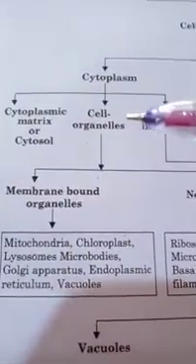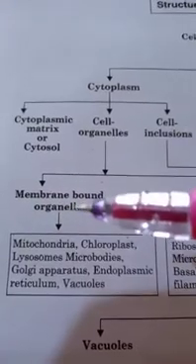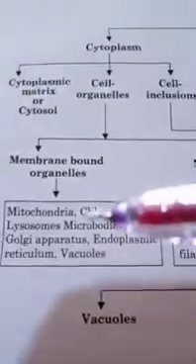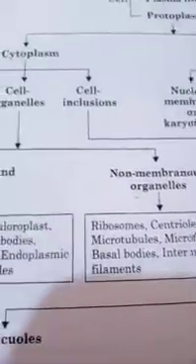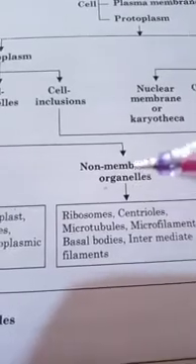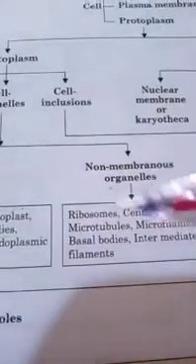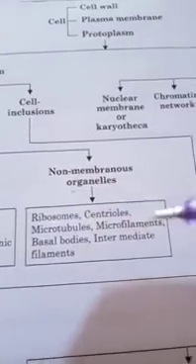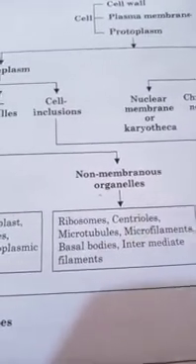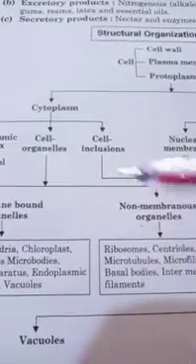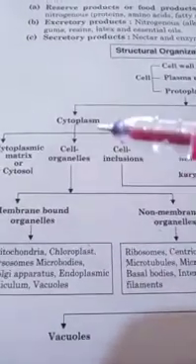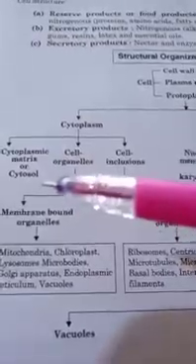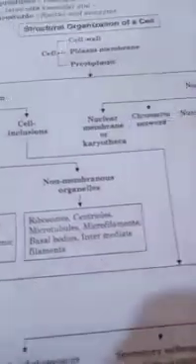That cell organelle may be further discussed under two subheads: membrane bound organelles like mitochondria, chloroplast, lysosome, microbodies, Golgi apparatus, endoplasmic reticulum, vacuole, or on the other hand, non-membranous organelles like ribosomes, centrioles, microtubules, microfilaments, basal bodies, intermediate filament, etc. So all these aspects could be grouped in the heading cytoplasm, where that is having cytosol, cell organelles, and cell inclusions.